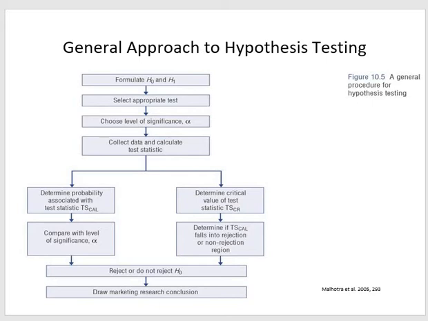Okay, suppose this is my null hypothesis. What does my null hypothesis state? That men tend to buy more electronic gadgets than women. So my alternate hypothesis will be that no, both men and women tend to have equal tendency towards buying electronic gadgets.